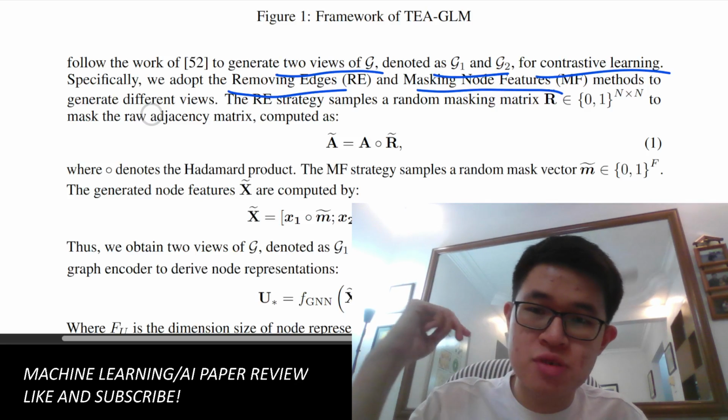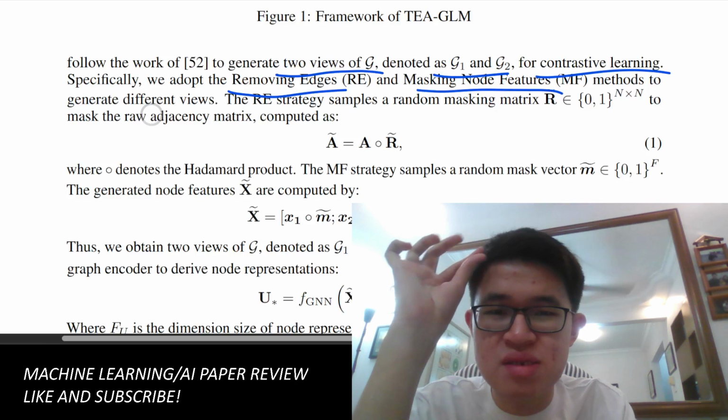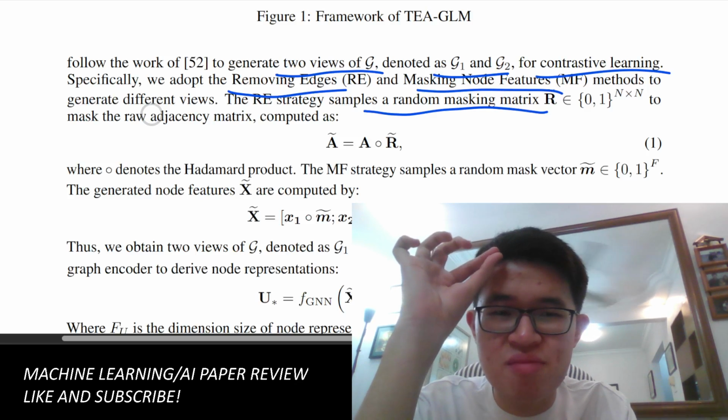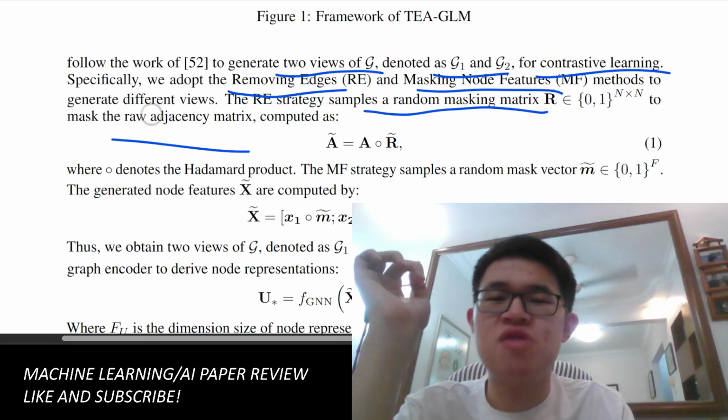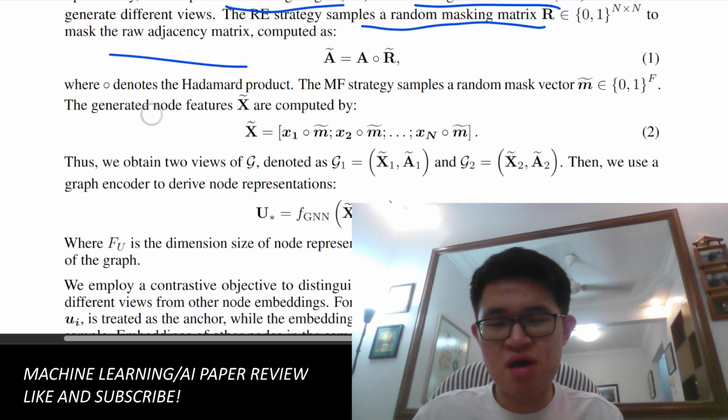So the removing edges strategy samples a random masking matrix, such that they can mask the adjacency matrix. That's understandable.